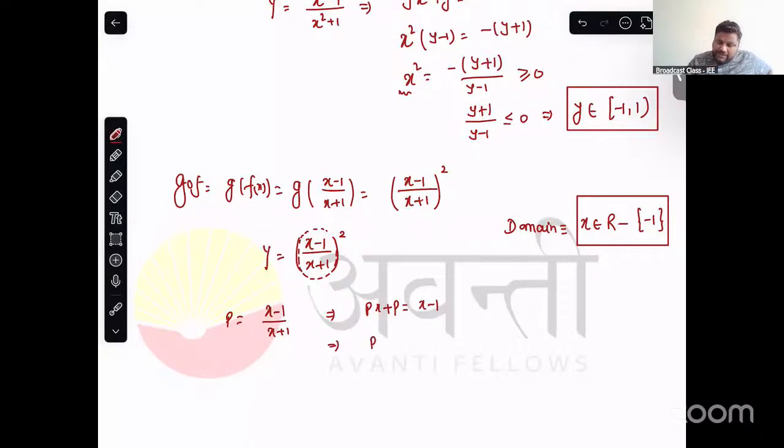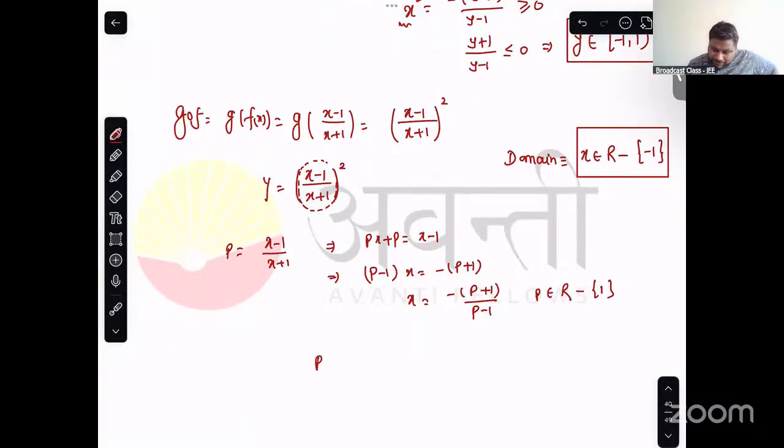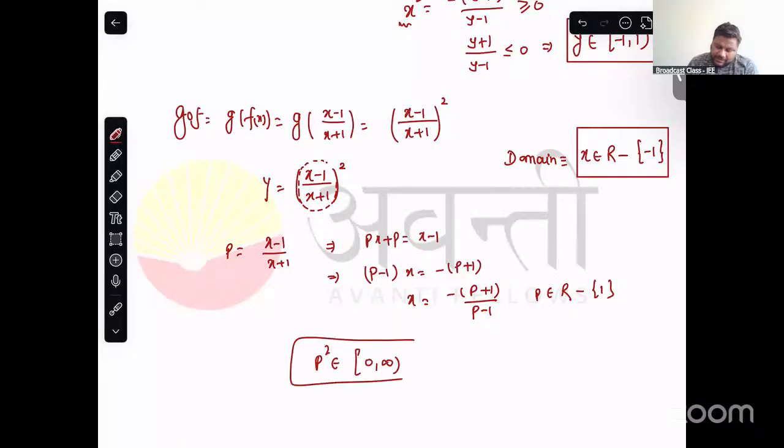So it is x times P minus 1 is minus of P plus 1. Got it? So x is what? Minus of P plus 1 upon P minus 1. That means P belongs to R minus {1}. P is everything except 1. Now if you square that, P square will belong to what? P square will belong to 0 to infinity. So that is your y.